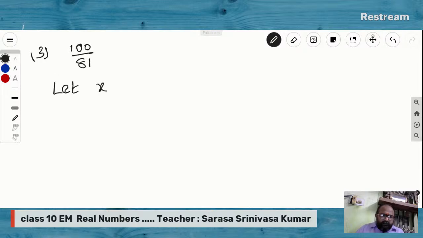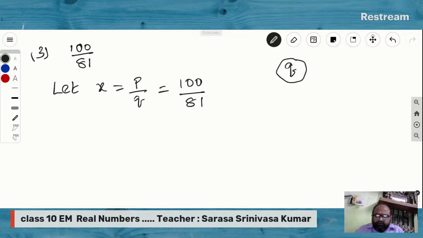Let x equal to p by q, that equal to 100 by 81. Now we find the prime factors for q. We consider the denominator q only. We don't consider the numerator. We have to check whether it is in the form 2 power n 5 power m.